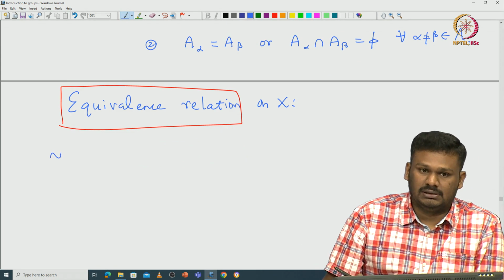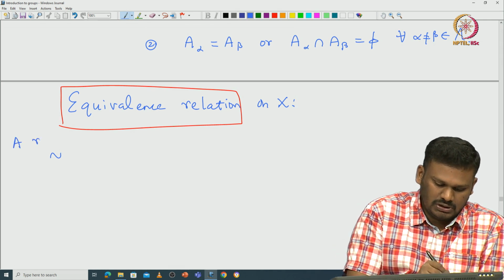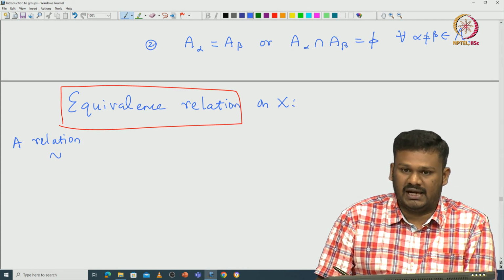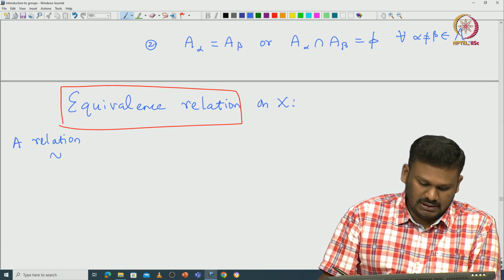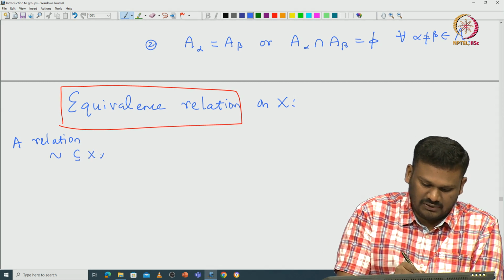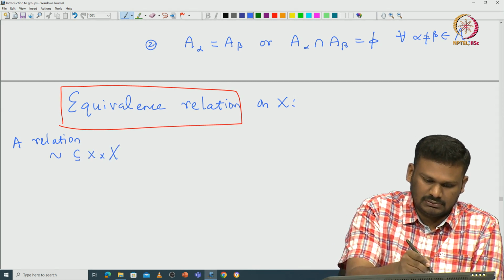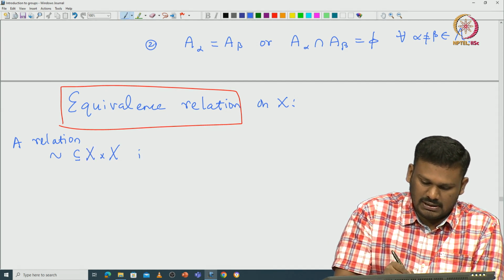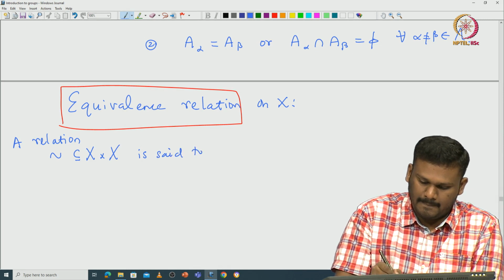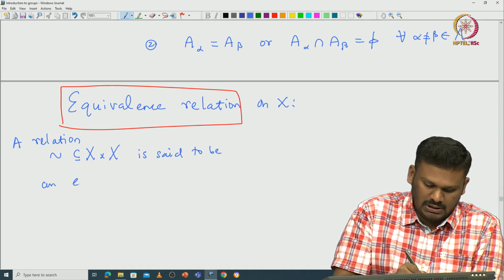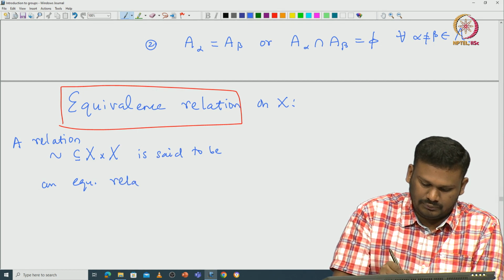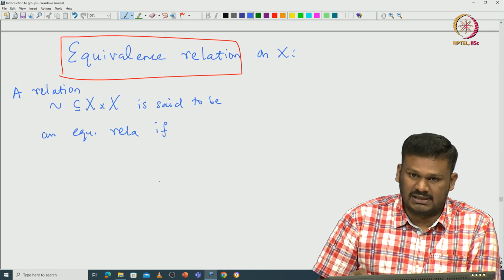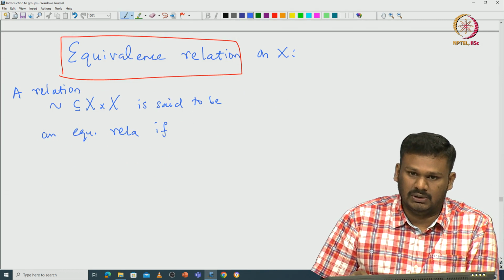A relation, by definition, is a subset of X cross X, and it is said to be an equivalence relation if it satisfies three properties: reflexive, symmetric, and transitive.